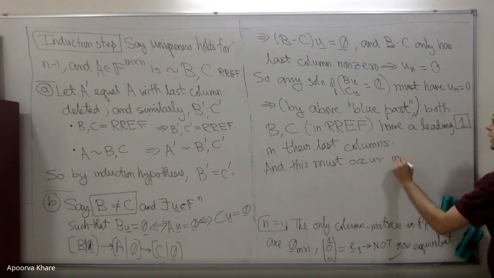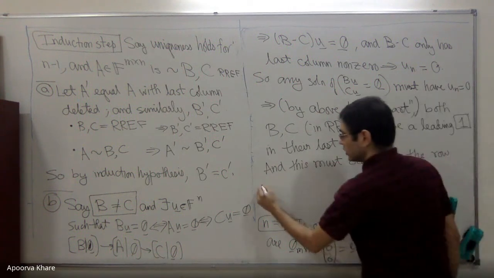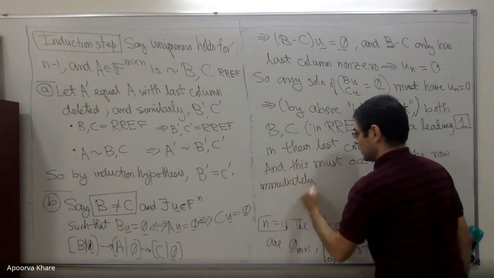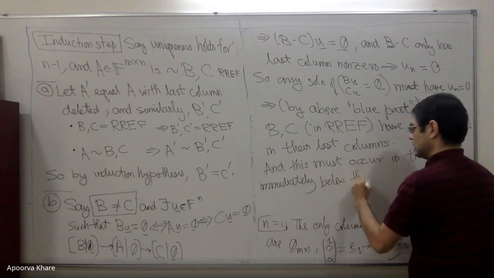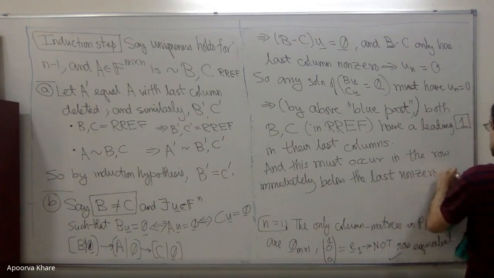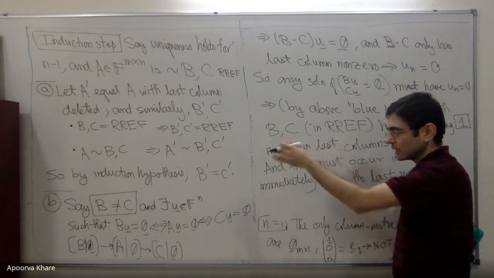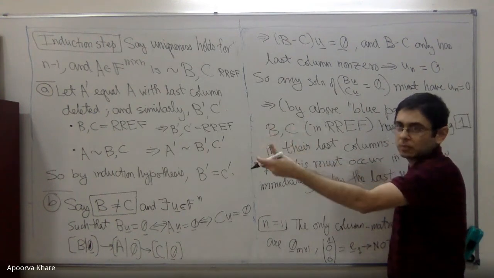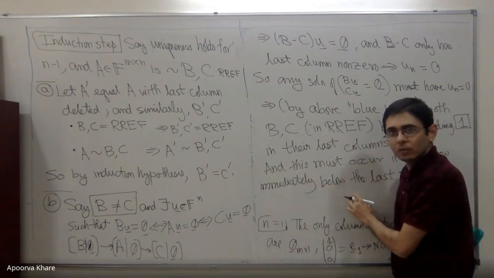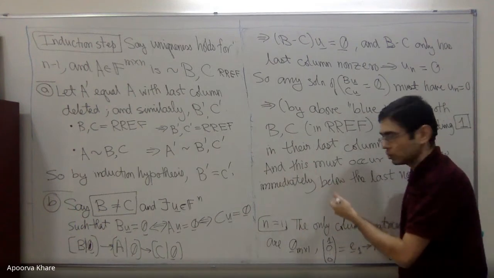It must occur in the row immediately below the last non-zero row in the chopped off matrix. So chop off the matrix, there are some leading ones in the rest of it in B prime or in C prime. Look at the last non-zero row of B prime. The very next one must contain the leading one, because otherwise, every zero row must be below every non-zero row. That's fine.